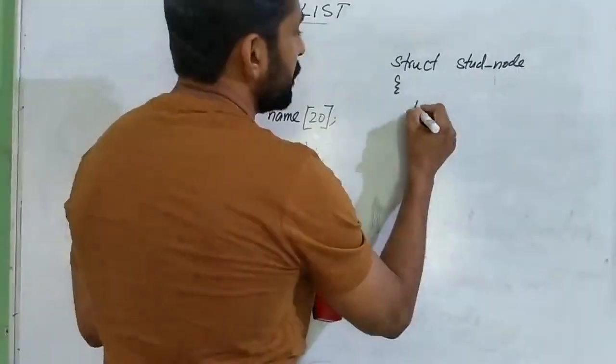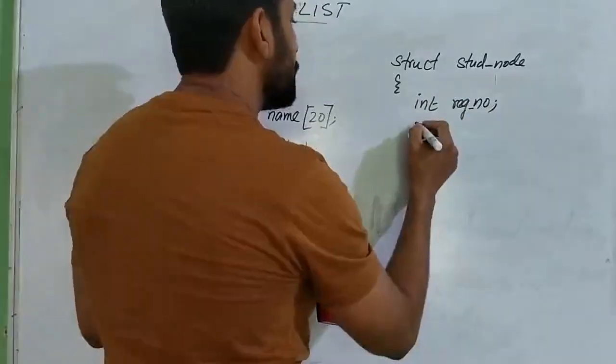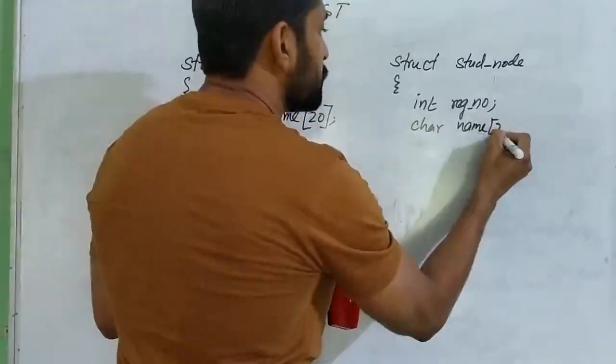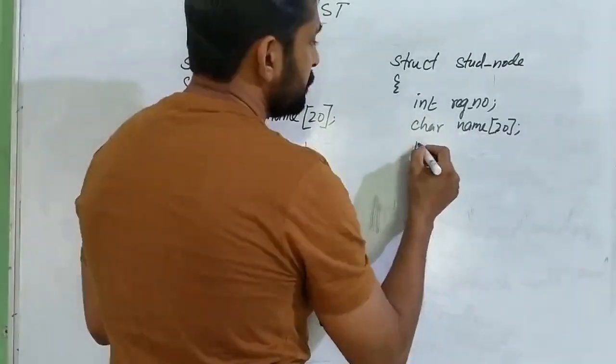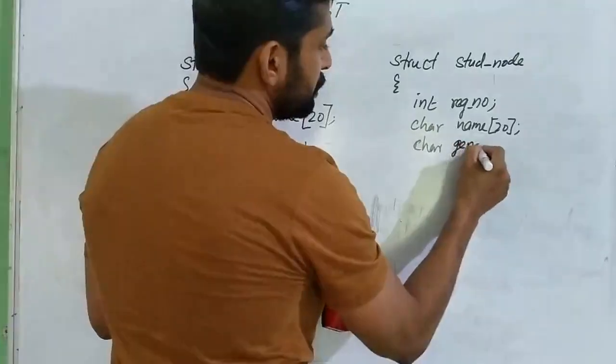Here we have int regno, char name[20], then gender.